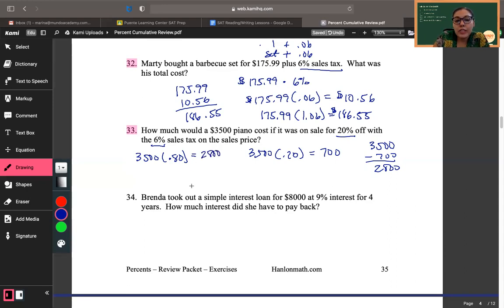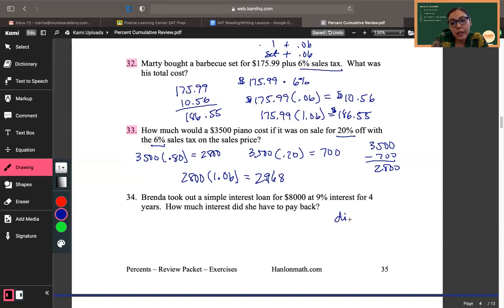Now here we have a 6% sales tax. So instead of just multiplying by 0.06, I can multiply by 1.06, so I don't have to do two different calculations. And so that's 2,968.